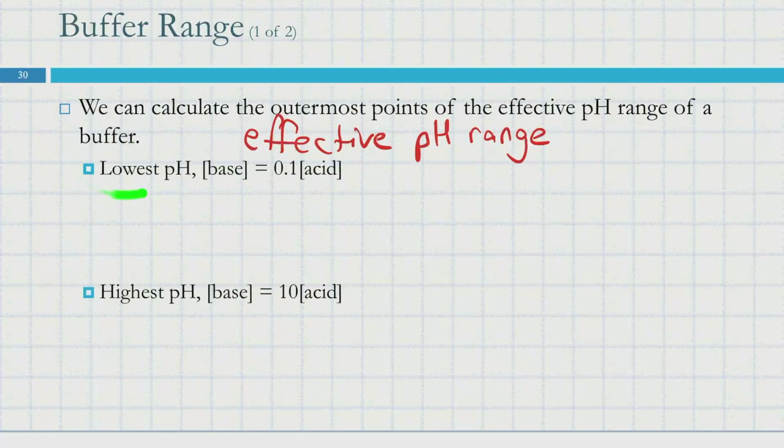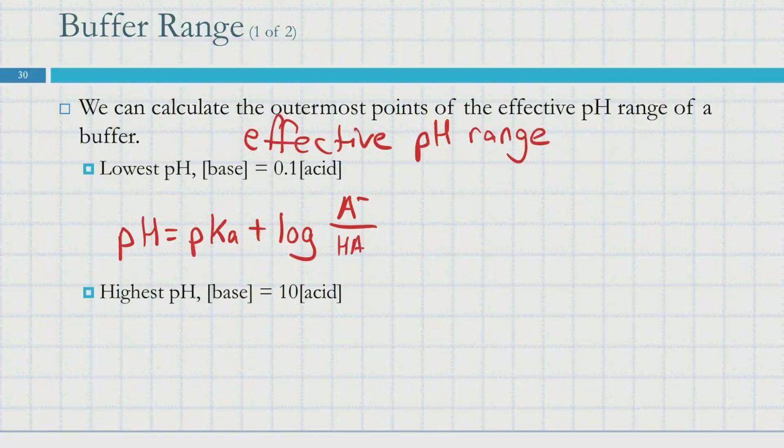So our lowest pH that we can put in is where we have 1/10 of the concentration of our acid compared to our base. So 10 times more base than acid. In our Henderson-Hasselbalch equation, pH is pKa plus log of the base over the acid.